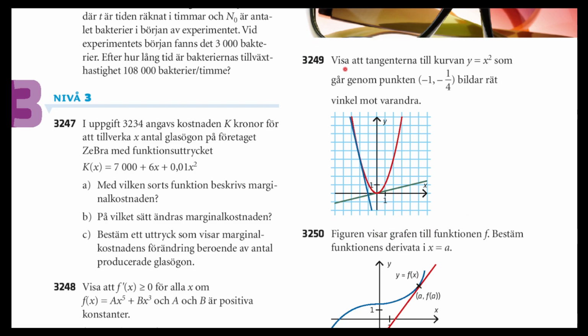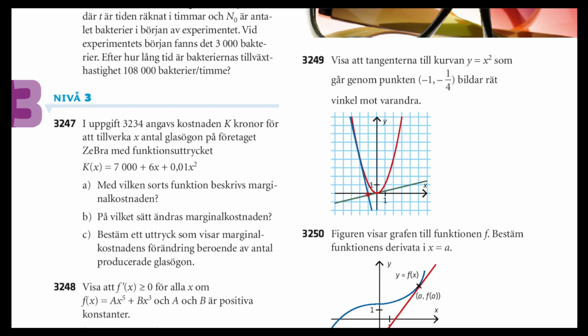So we want to show that the tangents to this curve that are drawn from this point are perpendicular to each other. So what does it mean? This point that you see here has x coordinate minus 1 and y coordinate minus a quarter.